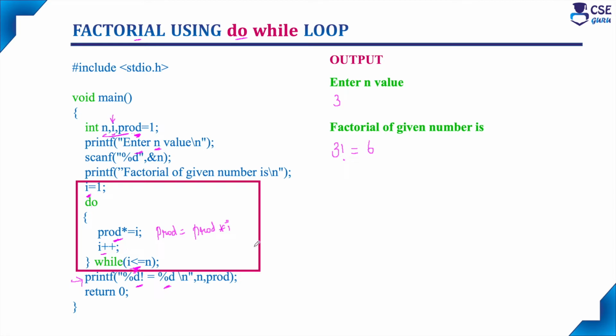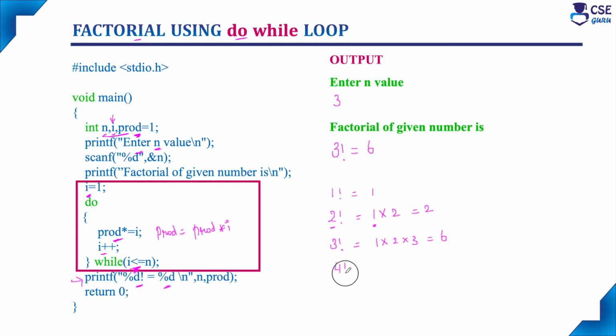How to calculate the factorial function, we already know: 1 factorial is 1, and 2 factorial is 1 into 2. That is, starting from 1, we need to multiply the sequential numbers up to the given n value. So we get 2. Then 3 factorial is 1 into 2 into 3, which is 6.